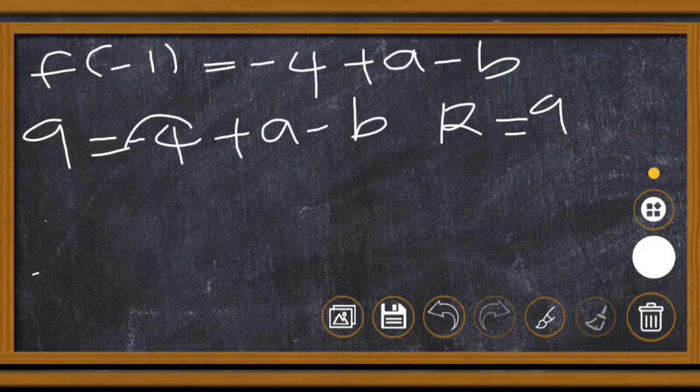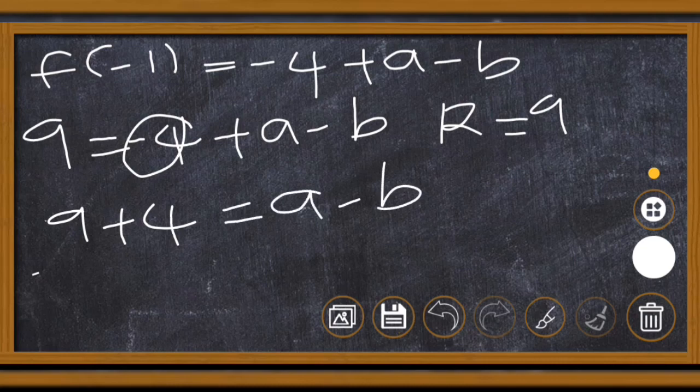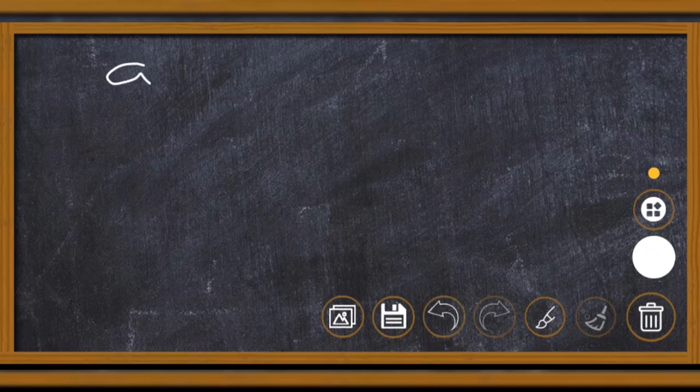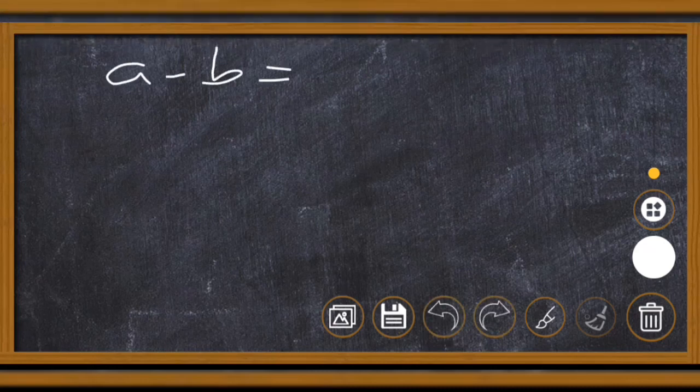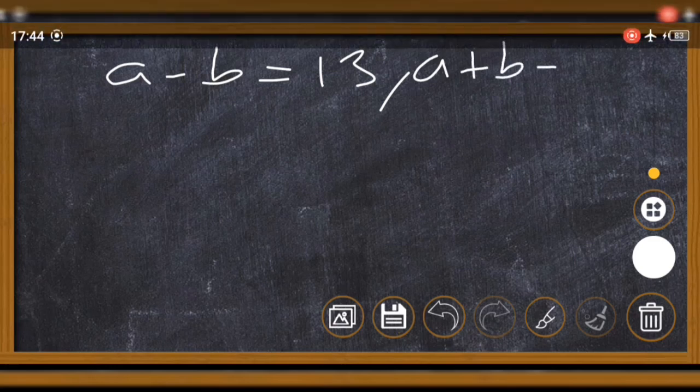When this gets to the right side, it's going to be positive 4, so 9 added to 4, we are going to have 13 equals a minus b. So this is the same as a minus b equals positive 13.